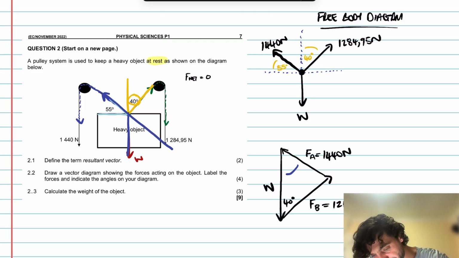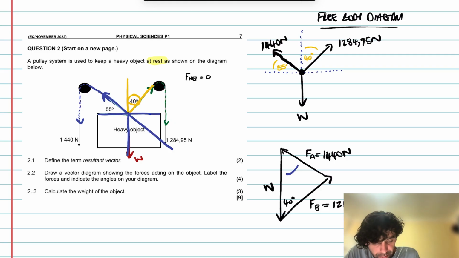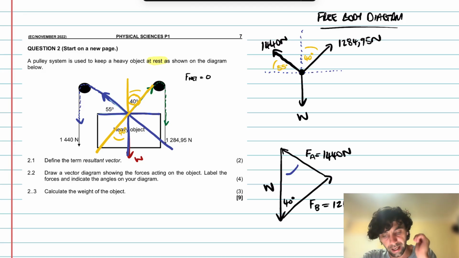This line over here, I don't know if that makes sense to you guys, is acting at how many degrees? Let's quickly see if we can do this in a nice effective way. Well, this would be 40 degrees. That's what we call vertical opposite angles.